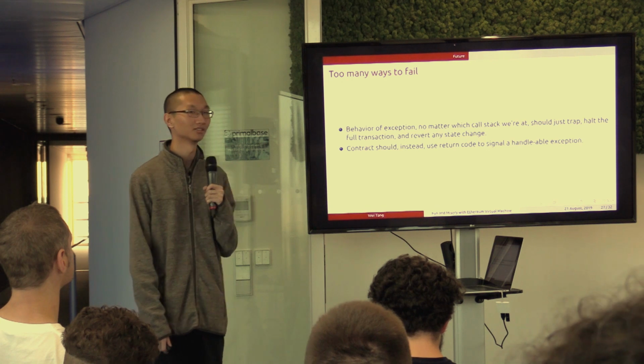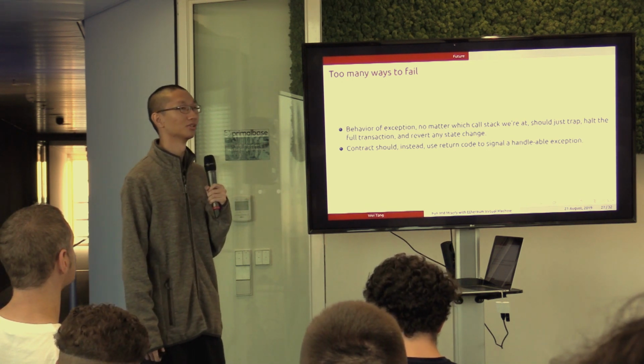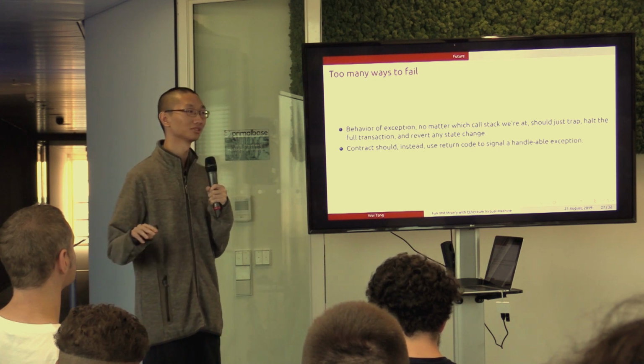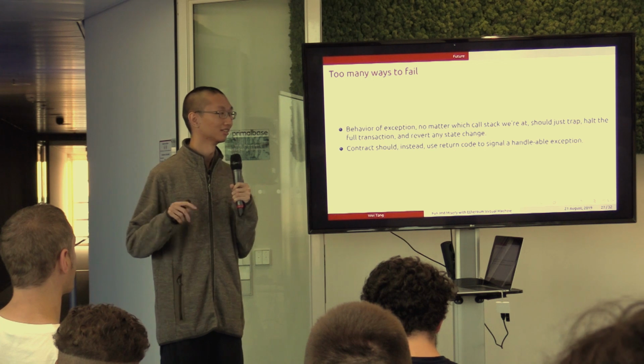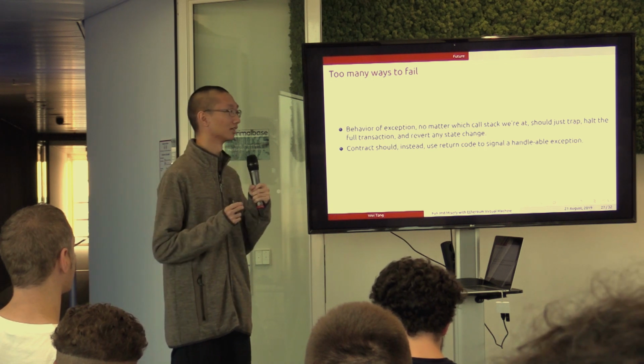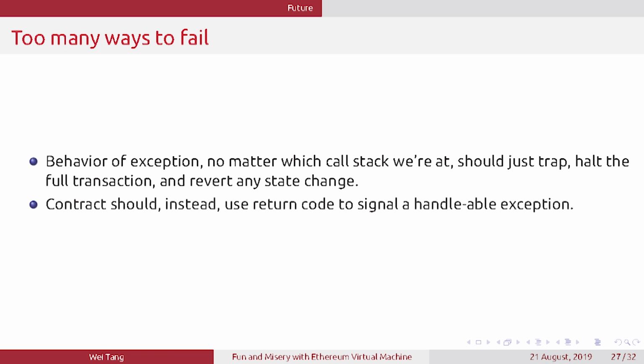I think this is an issue with dealing with exceptions. In most other VMs, like WebAssembly, you have a specific operation called trap. When a trap happens, you just exit the current VM execution.